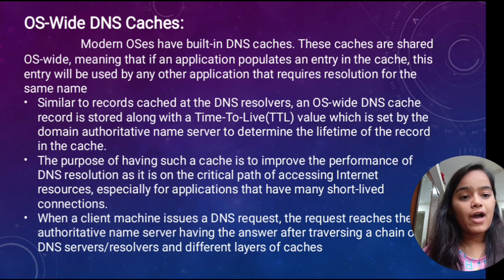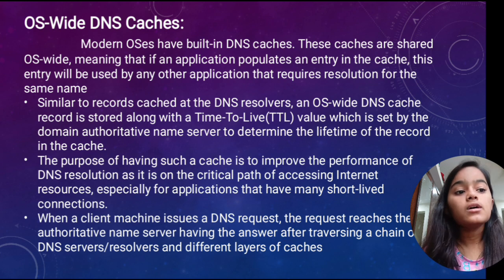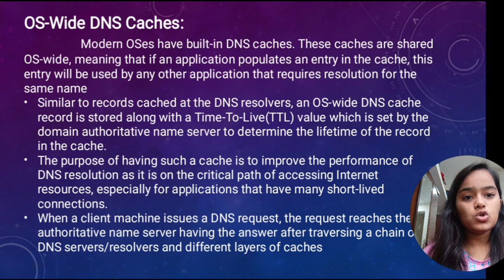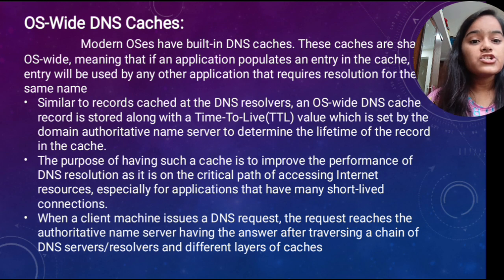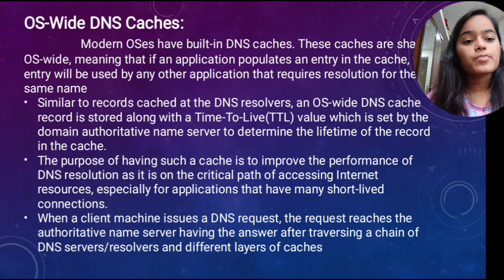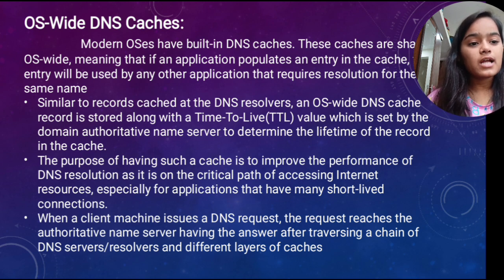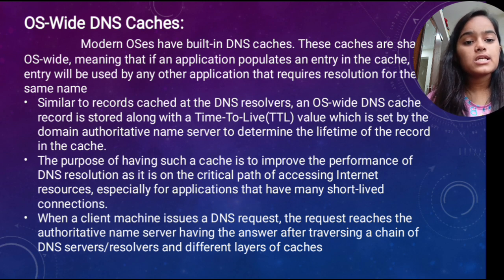The purpose of having such a cache is to improve the performance of DNS resolution as it is on the critical path of accessing internet resources, especially for applications that have many short-lived connections. When a client machine issues a DNS request, the request reaches the authoritative name server after traversing a chain of DNS servers or resolvers and different layers of caches.